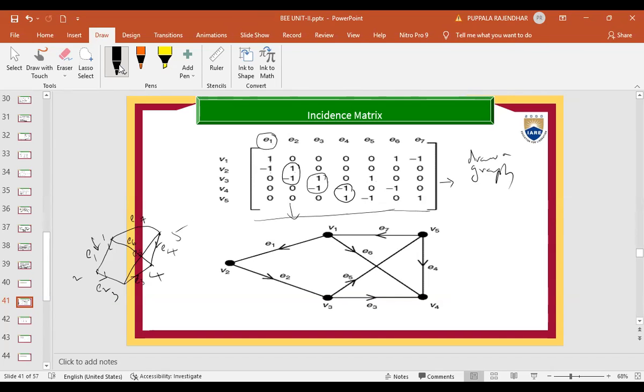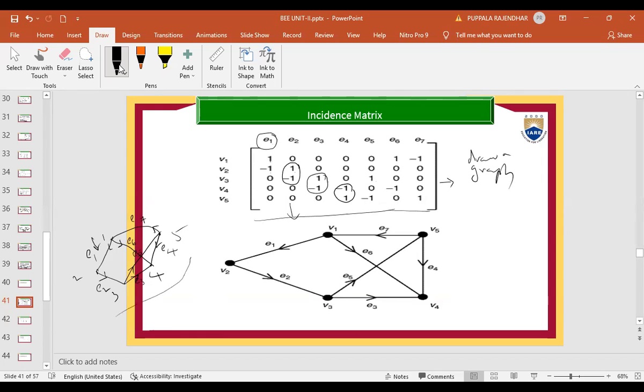Now for E5, +1 is at node 3, away. Now E6, one is at node 1, which means away from the node. E7, one is at node 5, away from the node.